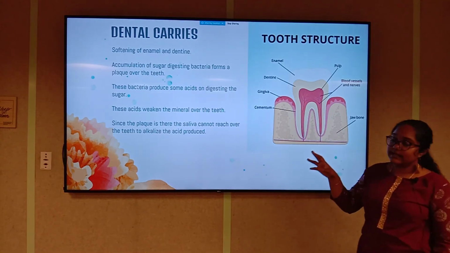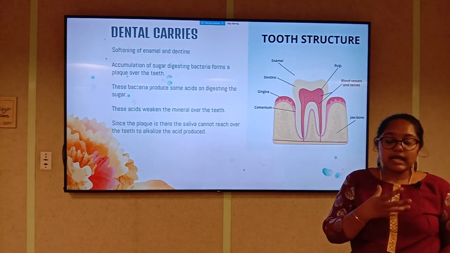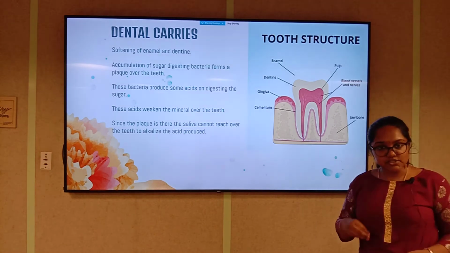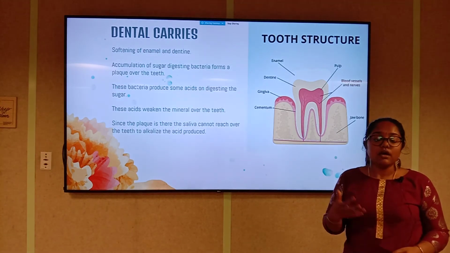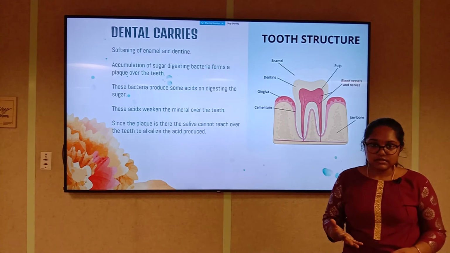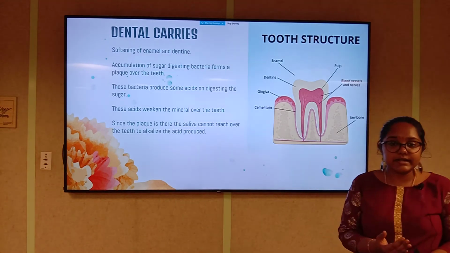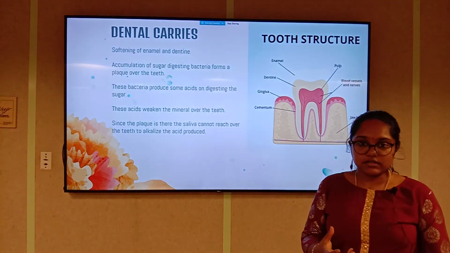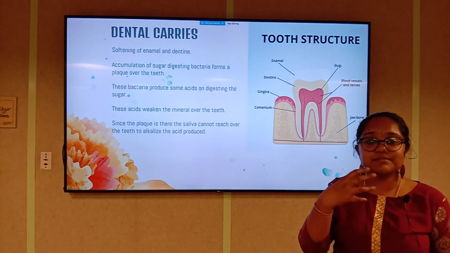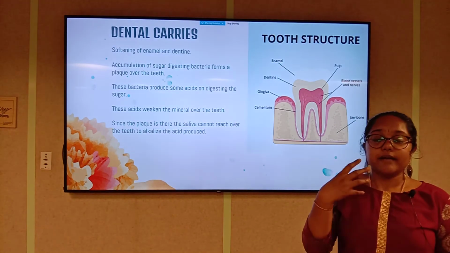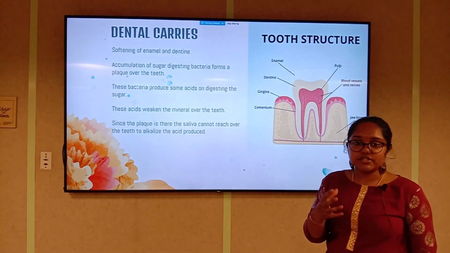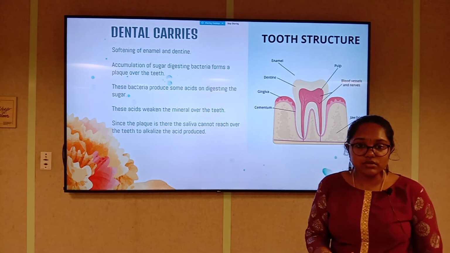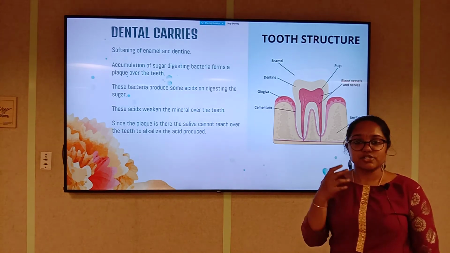Now what dental caries is: we eat lots of food and internally our body has some microorganisms present naturally to help in digestion or to help in killing the germs. Just like how I mentioned the appendix has some microorganisms, even in our mouth we have some microorganisms, or we can also have some microorganisms entering through the food. And among these, some bacteria are known only to digest the sugars or the carbohydrates, especially the sugars.